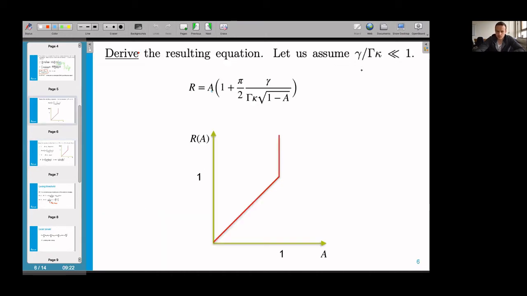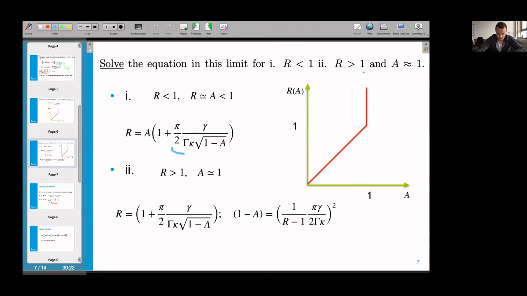Now, we should not forget that we have assumed that gamma divided by big gamma kappa is very small with respect to 1, such that this term is negligible in this first case, and we simply have r is equal to a, a linear function.